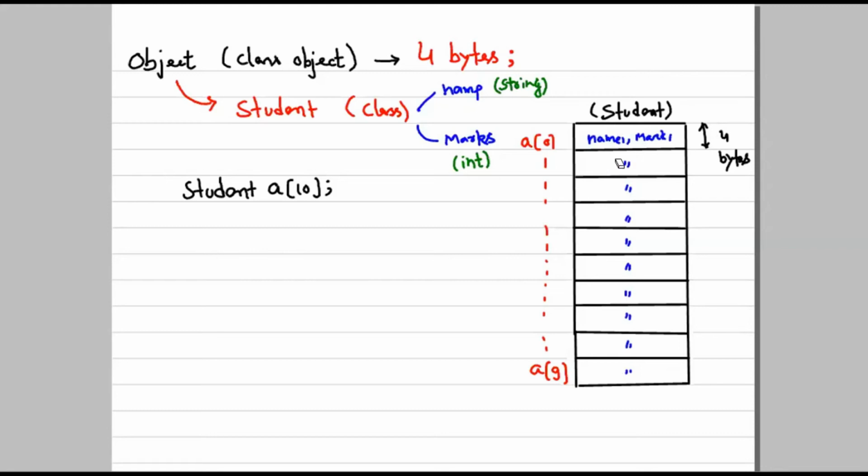So we can say that this student A10 is the array of objects. Why are we saying this? Because this array has 10 elements and stores 10 student type objects.